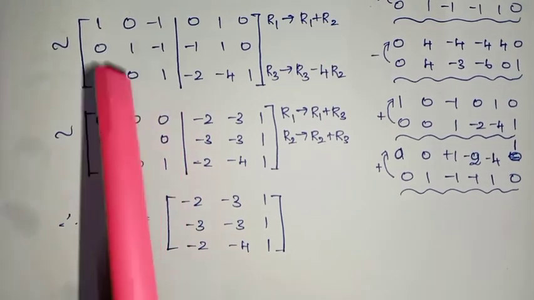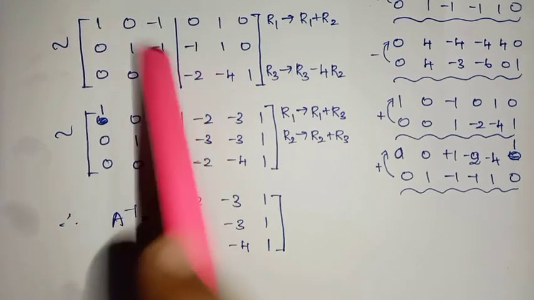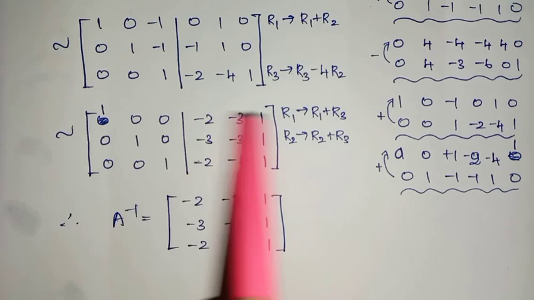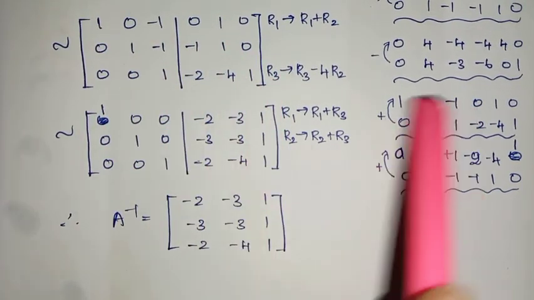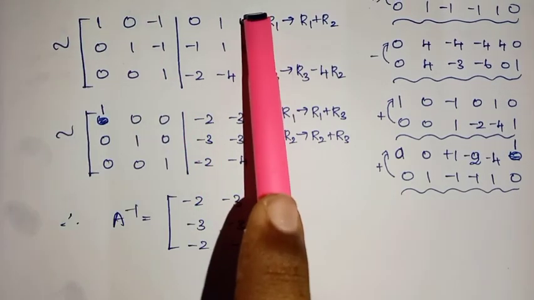Right, now using the last element, this one, I have to make these two elements 0. It is very simple. You can add the first row and the third row and write it here. Add the second row and the third row and write it here. You can do it directly, even without writing it here. Add the first row and the third row.